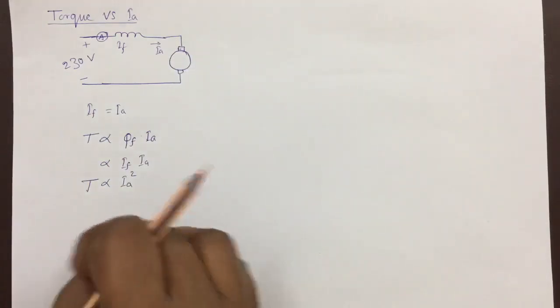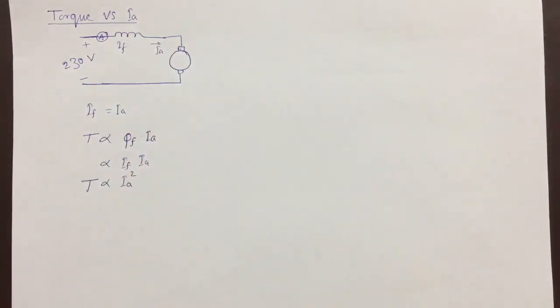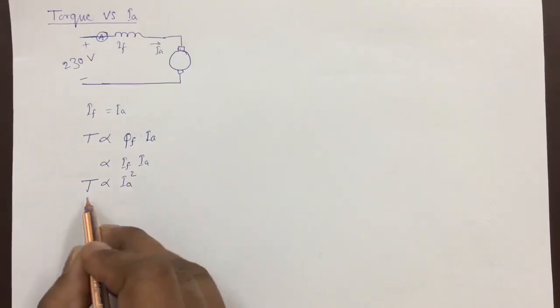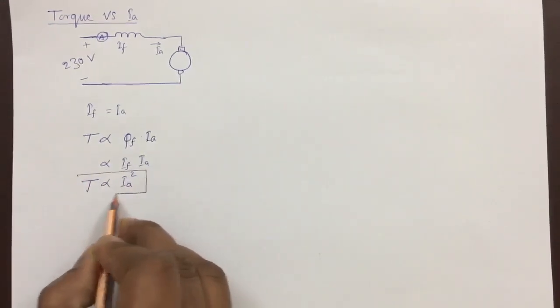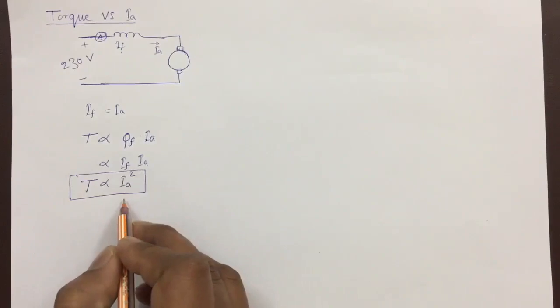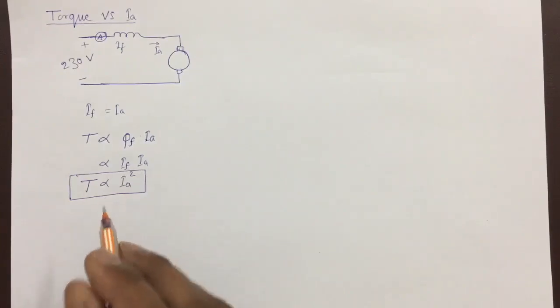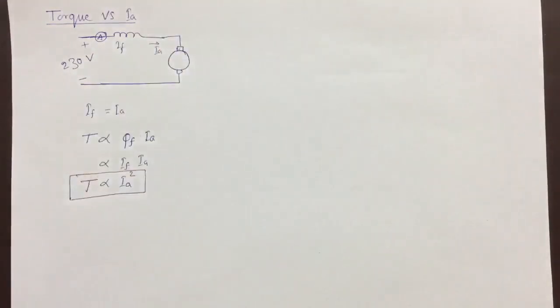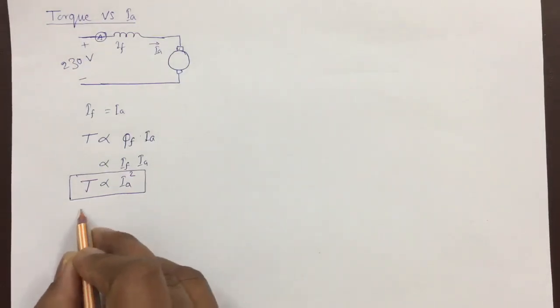This is the thing after finding the torque. If we plot the characteristics, then we will see how the characteristics should look like. So we obtain that torque is proportional to the square of the armature current, or we can say motor current. So what does it mean?